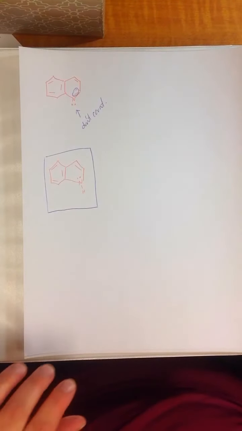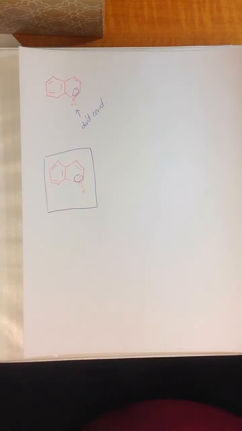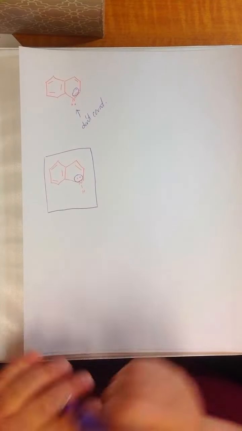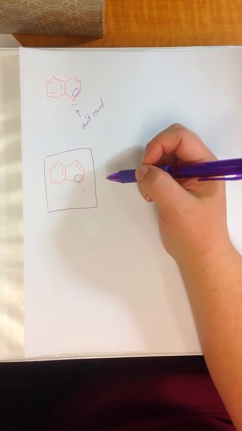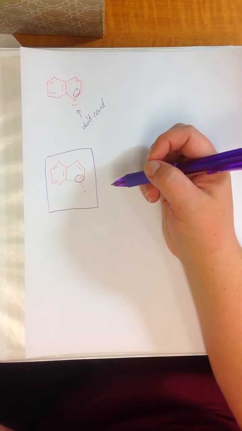Well, the reason why this particular one does not go through an sp3 hybridization is simply because it's more stable not to. Remember, the reason why you even get hybridization of orbitals is due to a lower energy state.